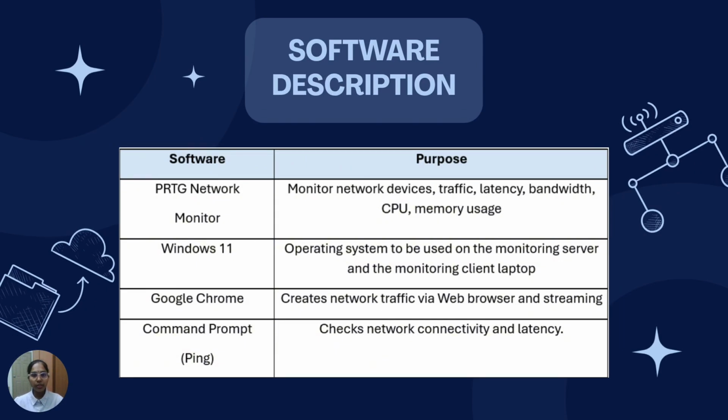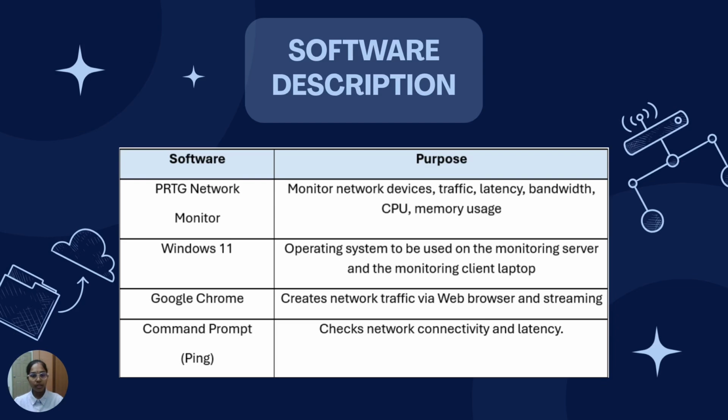Finally, I will explain the software used in this project. The main software is the PRTG Network Monitor, which is installed on the monitoring server to monitor the network performance. It collects real-time data such as device availability, latency, bandwidth usage, CPU utilization, and memory usage. The client devices use Google Chrome to generate the network traffic by browsing websites, streaming videos, and downloading files.